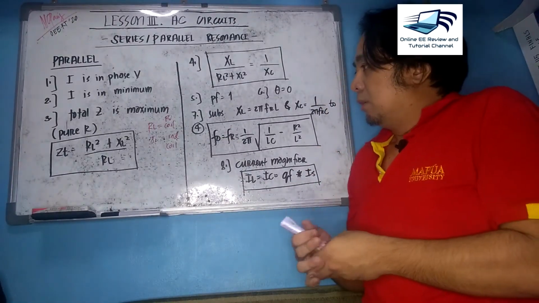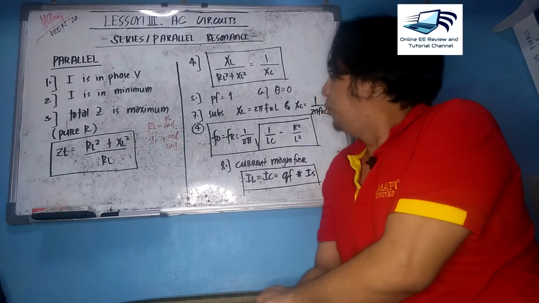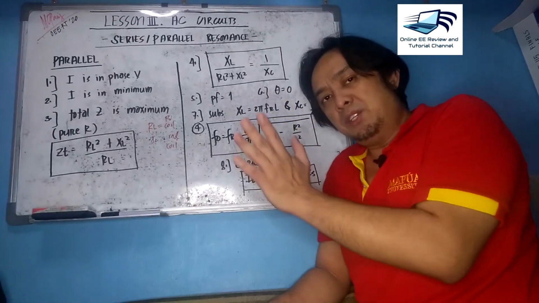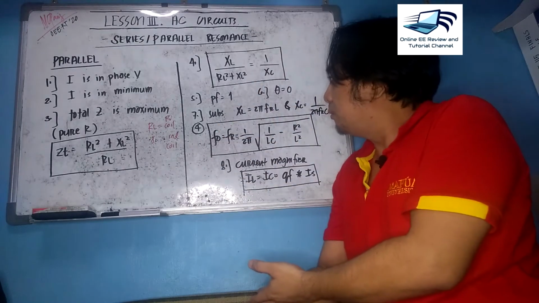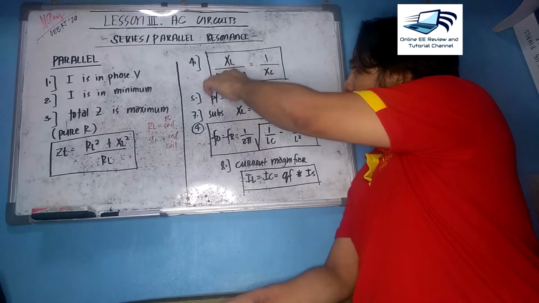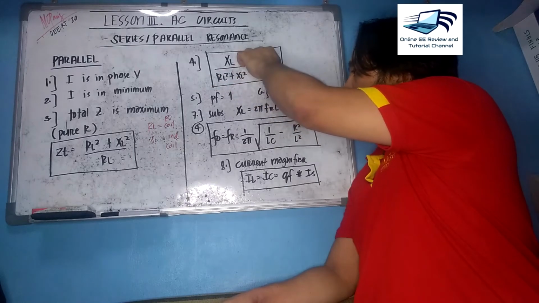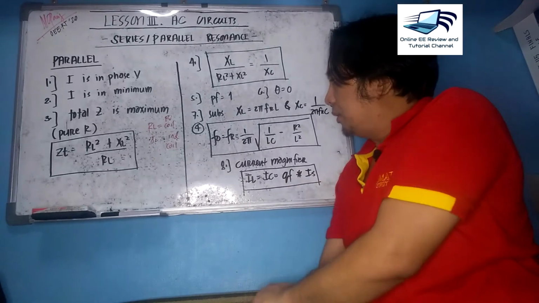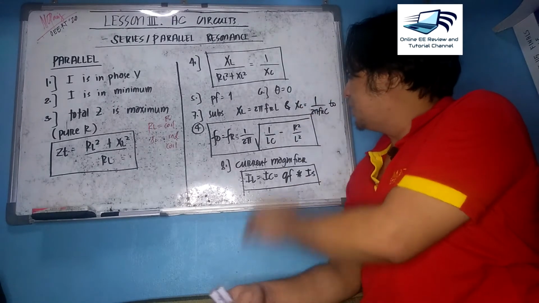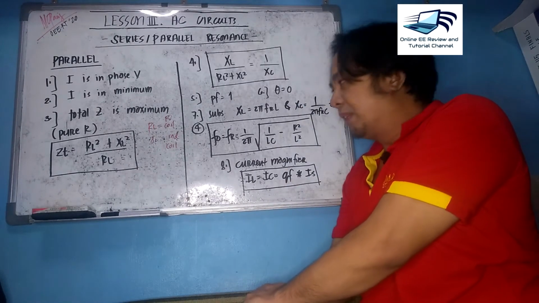Next, number 4. Since in series XL is equal to XC, here in a parallel resonance it will be different: XL over RL squared plus XL squared is equal to 1 over XC. The power factor is equal to 1, and the angle displacement is also 0 degrees.